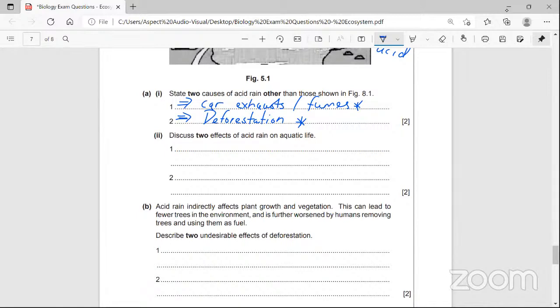You can explain. What is the formula of acid? H plus. Acid rain, there are types of acids that are created. There's nitric acid, HNO3. And then what else? H2SO4.